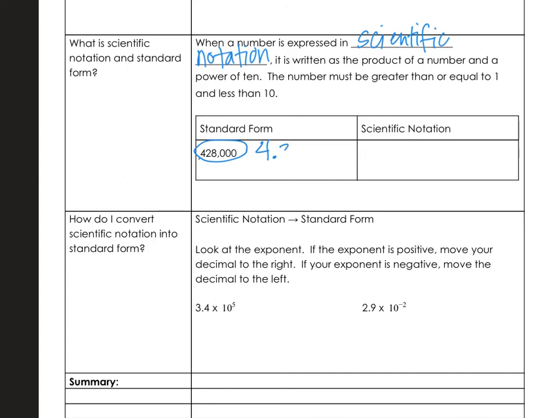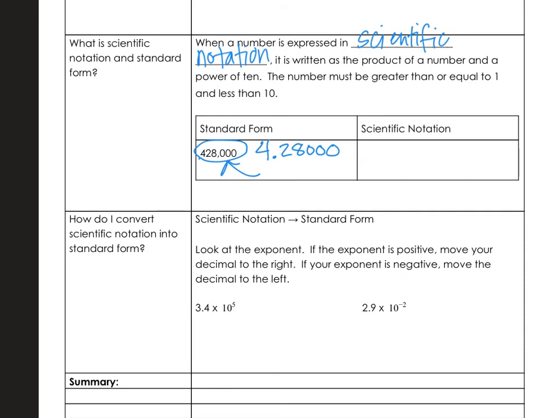And then I'm going to write everything else, even the zeros, after the decimal point. Okay, we are not done writing this in scientific notation. We need to figure out how many spaces I would have to move that decimal again to go back to standard form, because that's going to play a role in how we write our scientific notation.